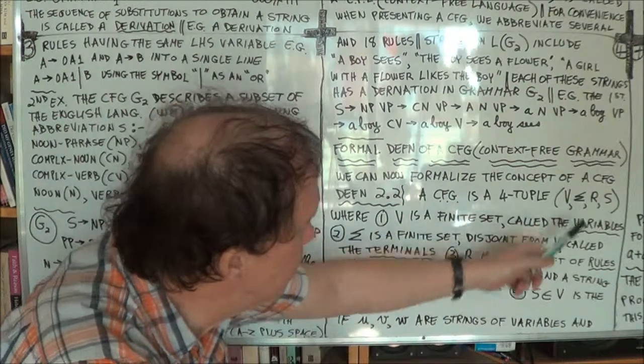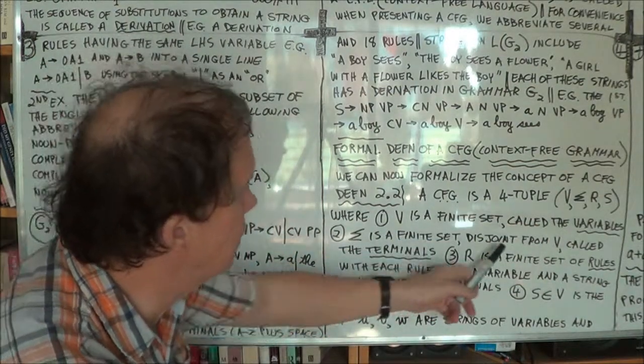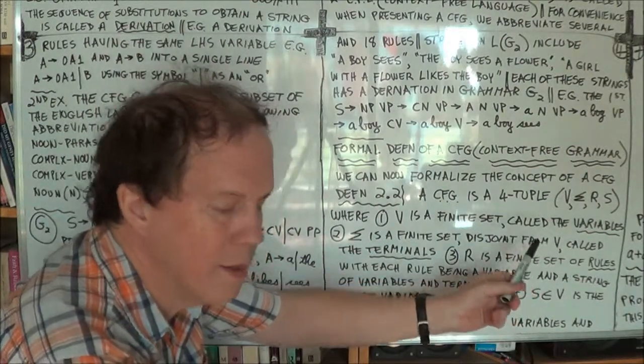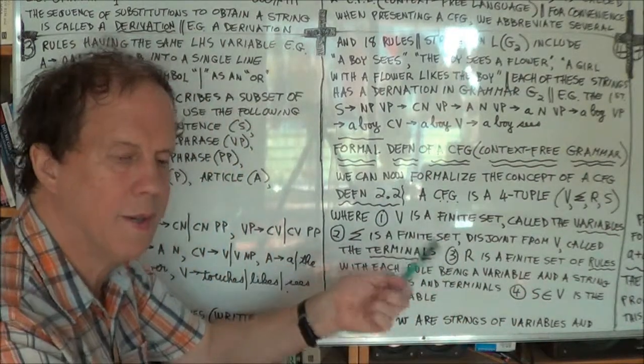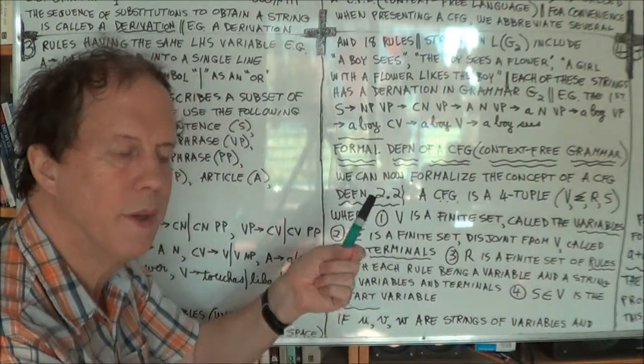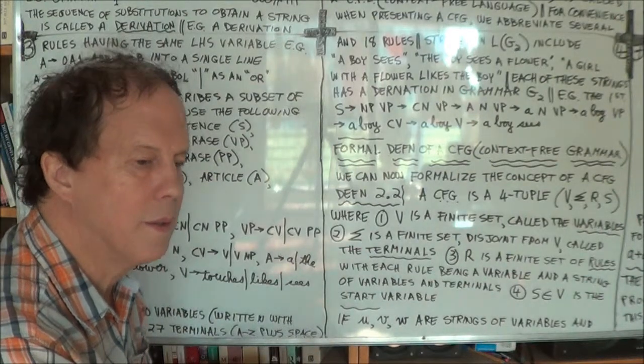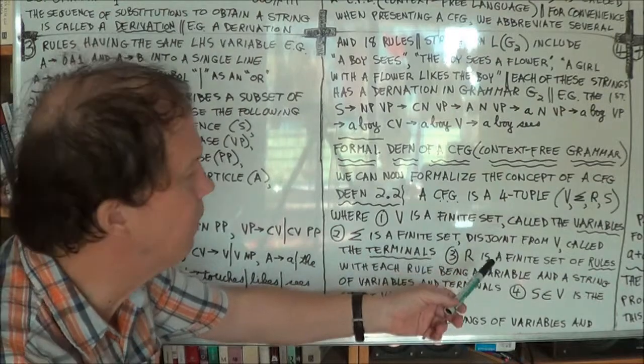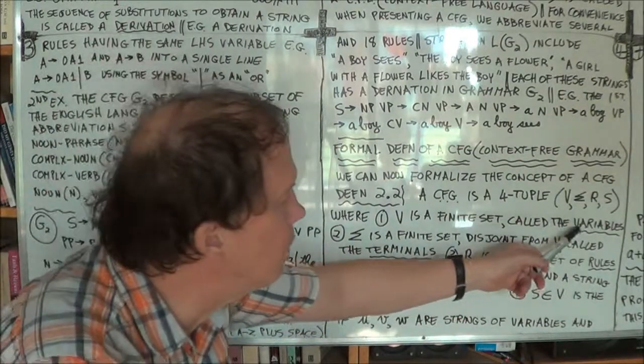Okay. Capital sigma now is a finite set of your terminals. So variables are symbols and terminals are symbols, and the terminal symbols are distinct. They're not the same as the variable symbols.